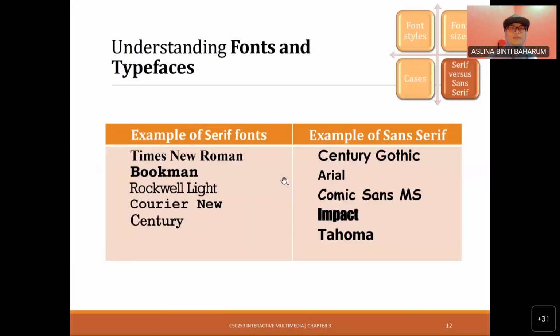Okay, more examples of serif and sans serif. You can see here an example of sans serif: fixed, no curly. For serif, you can see a little bit of decoration on the letters. There are a lot more examples; this is only a part of it.